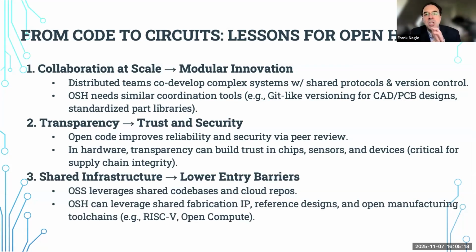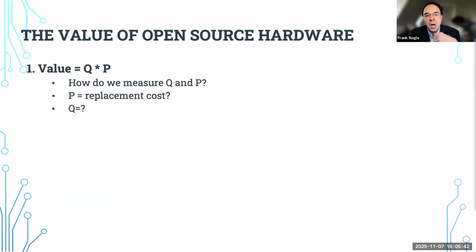I think we're going to start to see more of that in the hardware space as well. And then lastly, thinking about shared infrastructure and how we can lower entry barriers and use open source hardware as a way to think about sharing fabrication, intellectual property, and open manufacturing tool chains, and some of the tools that we already have, but how can we go further in allowing for this shared infrastructure, and again this notion of collaborating on the core and competing on the edges.